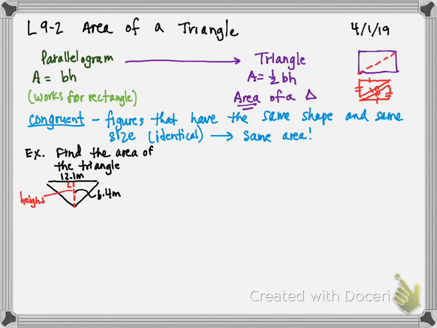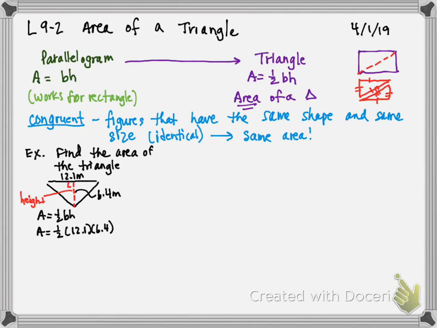Okay, so we're going to go ahead and start with our formula, and I always write the formula first because I'm trying to learn it. And we're going to plug in the pieces we know. The base is not 2.1, it's 12.1. And the height is 6.4. Okay? Now I get to multiply the half by one of those terms.